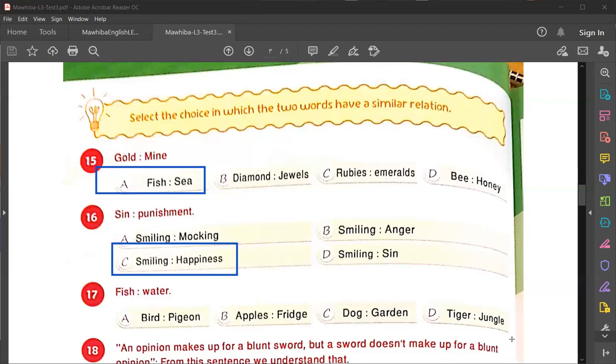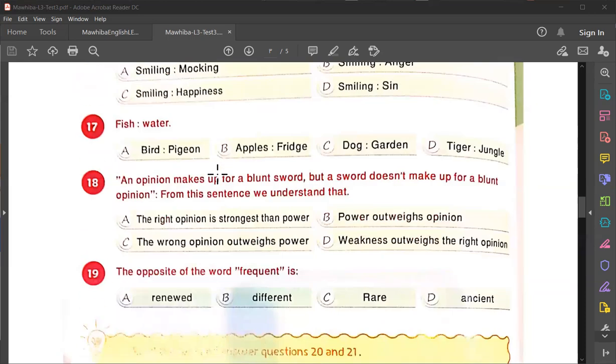Be careful, Turkey. The answer is D. Because fish live in water and tiger also lives in the jungle, right? So it is D. Right, good. Al-Hassan, good. Also, Turkey.